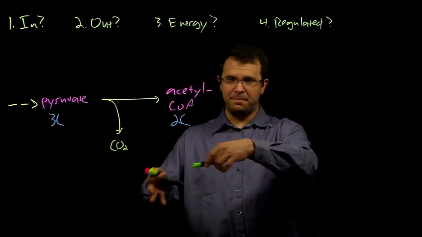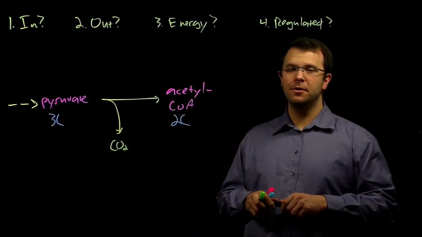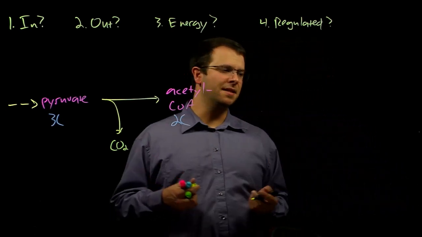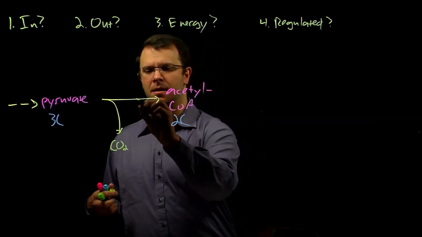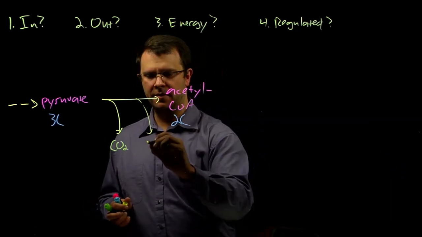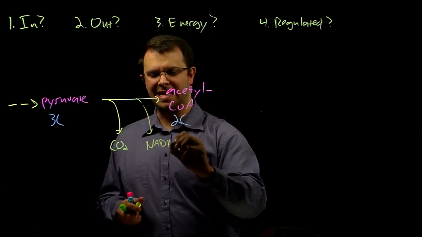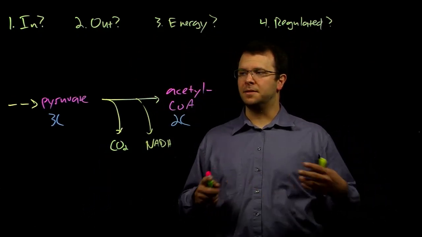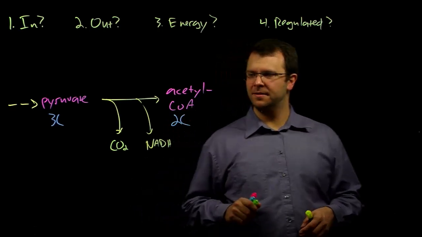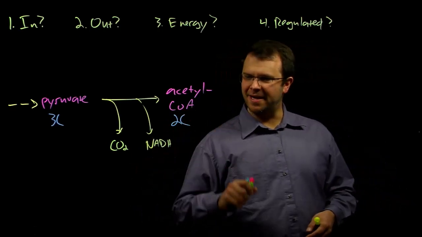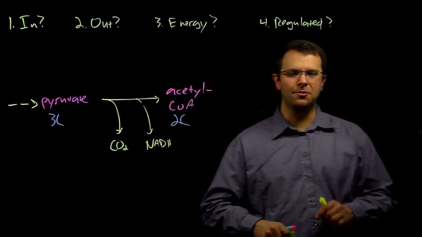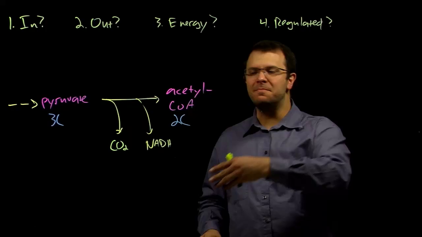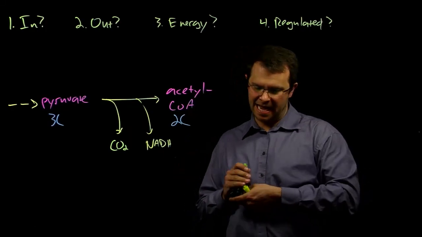Additionally, this pyruvate processing step also reduces some NAD+ and gives off an NADH. So, what goes in? Pyruvate. What comes out? Carbon dioxide and acetyl-CoA, and the energy-bearing molecule NADH.